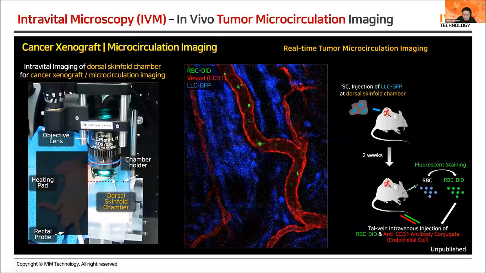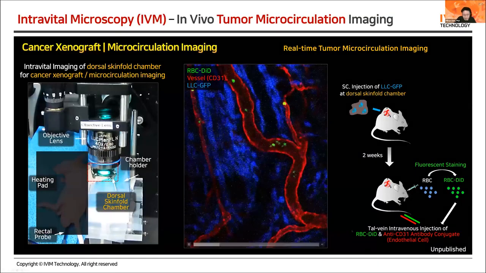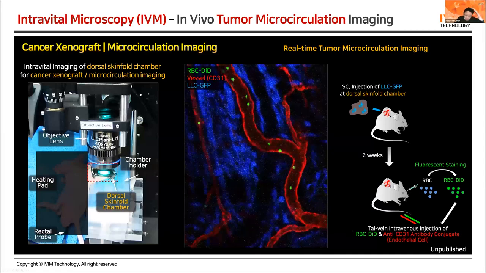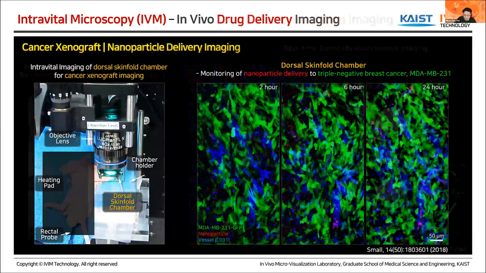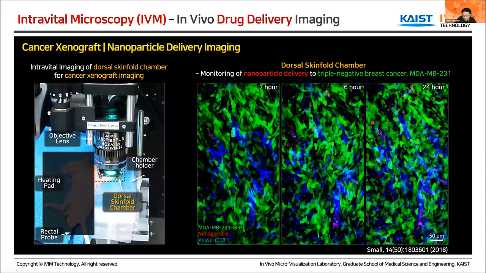And then in this setting, because we can image the blood flow, we can do video rate imaging. We can directly monitor the microcirculation, the blood flow inside the tumor vessel. And also we can monitor anti-tumor drug delivery, for 24 hours, for example.